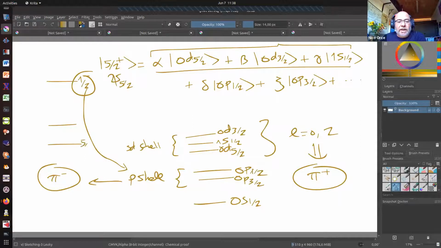The 5/2 plus comes from the sd shell, and the 1/2 plus also comes from the sd shell, right? Promoting this particle here, or breaking a pair of particles here and bringing it right here, where the odd particle was in the first place. So then the remaining particle is only right here, right? So basically, the odd particle again characterizes the properties of nuclei.